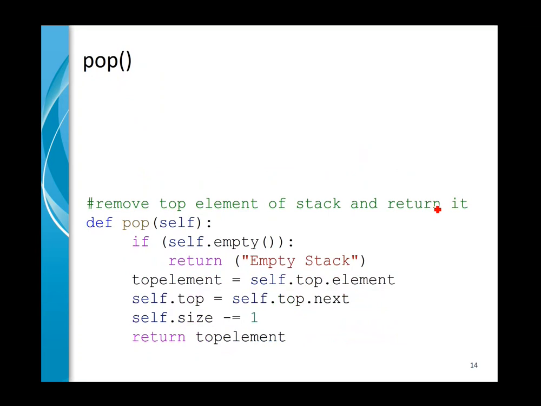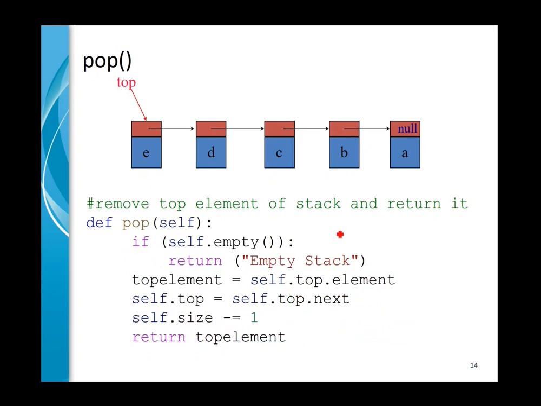And then, how about pop? Pop has two actions. It returns the element of the top, which is the first action, and then it also removes it. Then you can think about the logic.